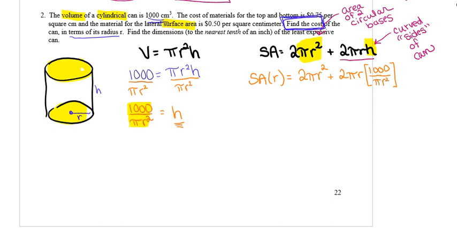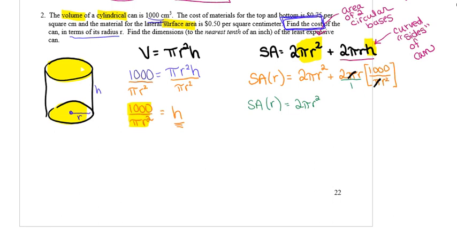Before I think about cost, I'm going to simplify this expression completely. So the first term, fine, no problems. The second term, though, I'm not going to make the same mistake I made in the first problem. I'm going to simplify before I multiply. So I've got a pi that's a factor in both the numerator and denominator. I can cancel those out.